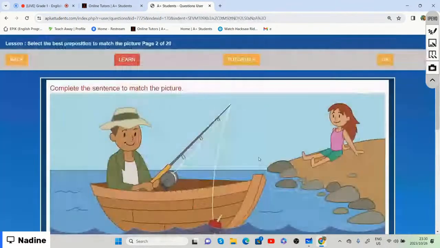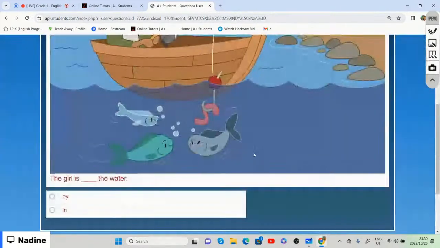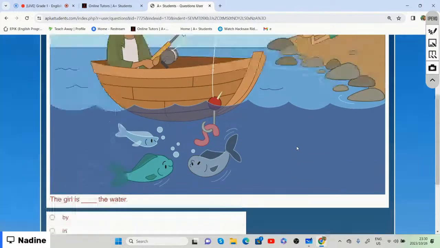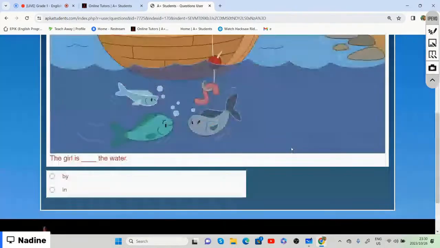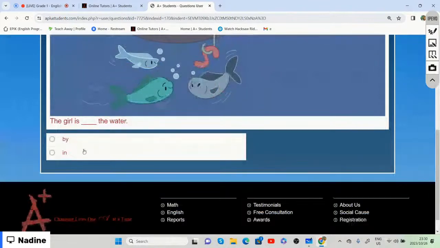We need to complete the sentence to match the picture. The girl is in the water. The girl is, do we say by the water or in the water? So if we look at the girl, we can say the girl is by the water.